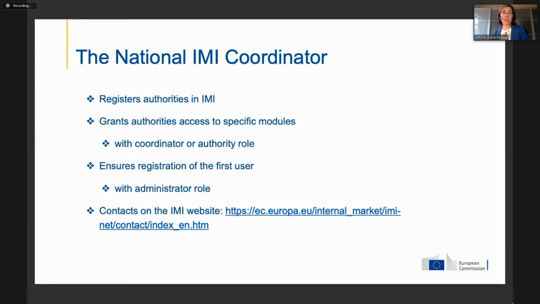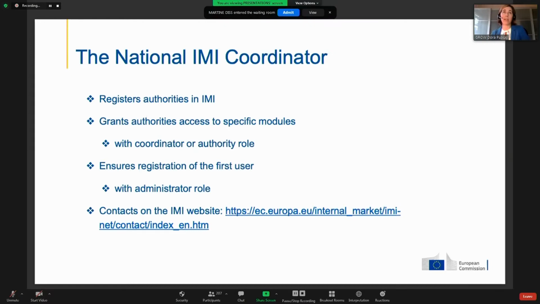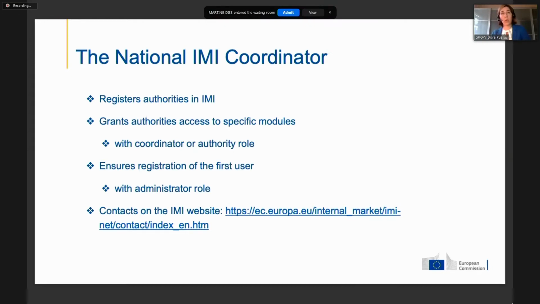And of course, as per the IMI regulation that defines their roles, they are also very important for the points that are listed in the slides. So again, we are here today as a workshop for the road transport sector, and we are preparing the launch of 3 new modules in IMI under the Mobility Package 1.